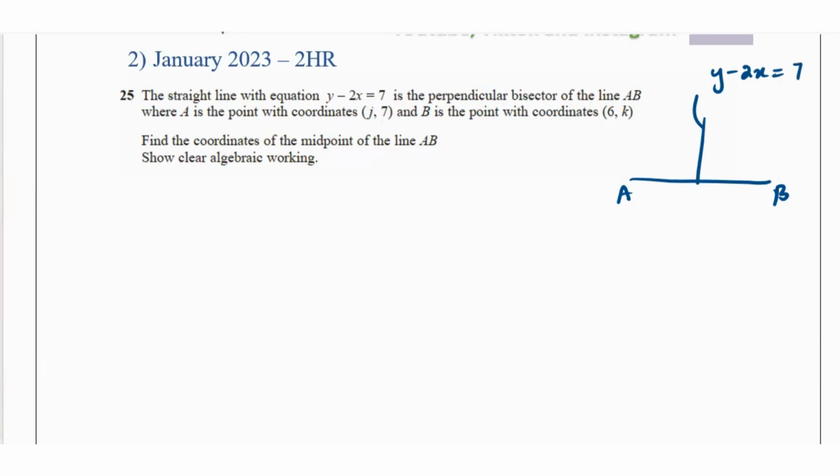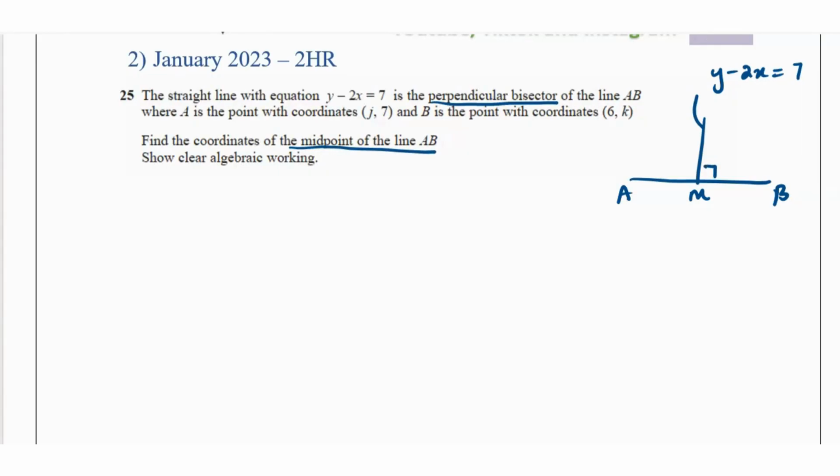What you need to remember is that if they use the word perpendicular bisector, that means it's passing through the midpoint of the line AB. So this is the midpoint of the line AB, and this line is passing through that. And that's exactly what they're asking us to find.